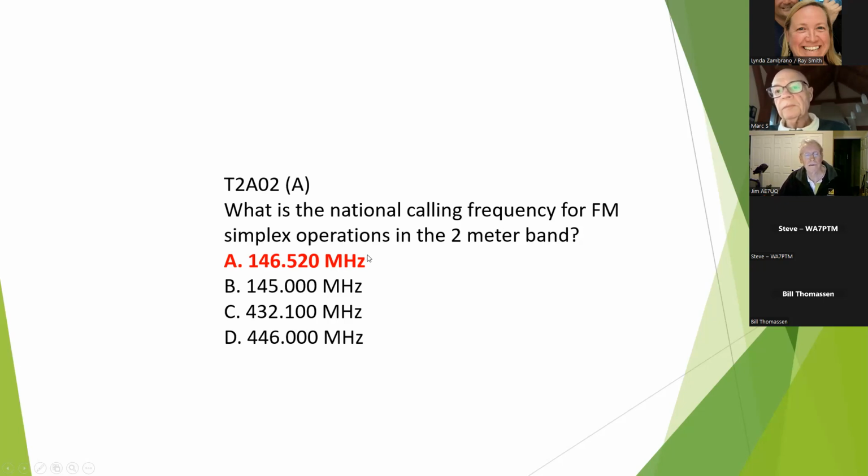And then you'll just have to know that 146.520 is what they call the national calling frequency. One of the frustrations if you're a new ham and you say, I'll call the national calling frequency, is that hardly anybody is ever on it. So out of interest, the answer D is the national calling frequency for UHF.